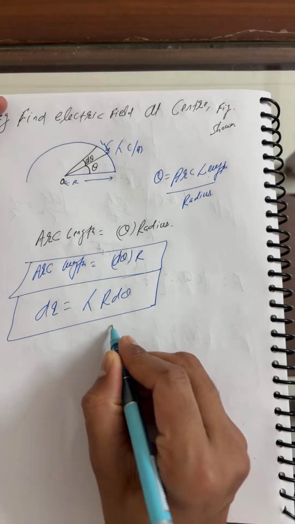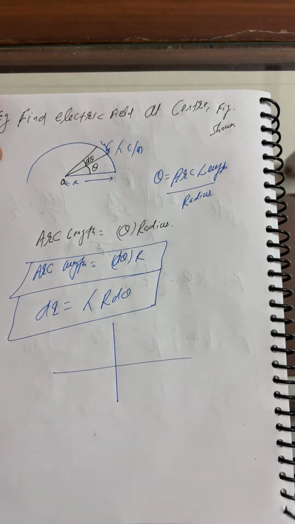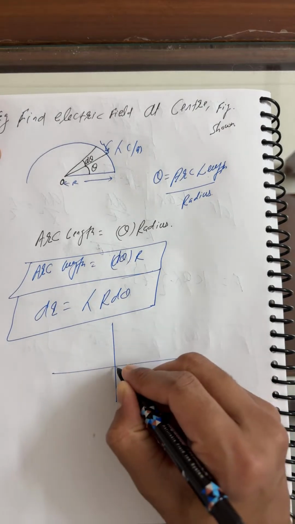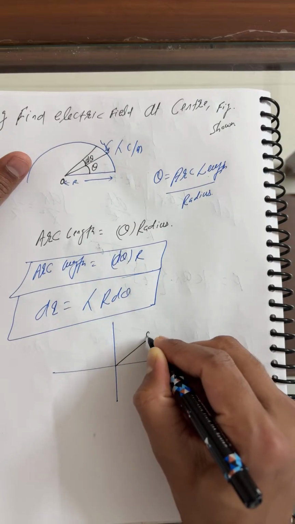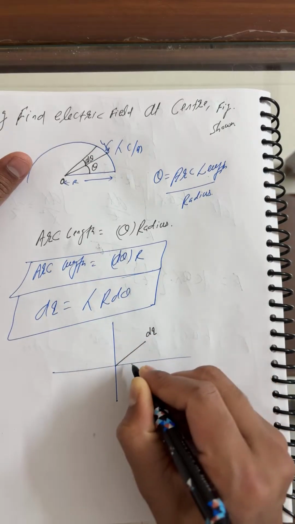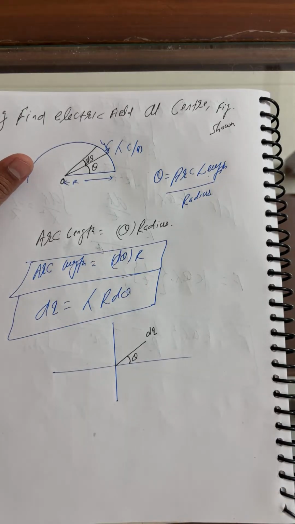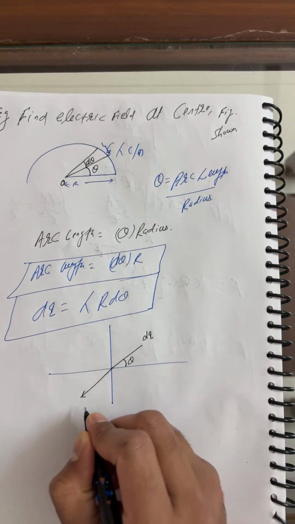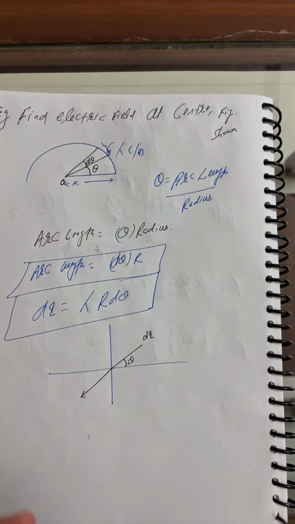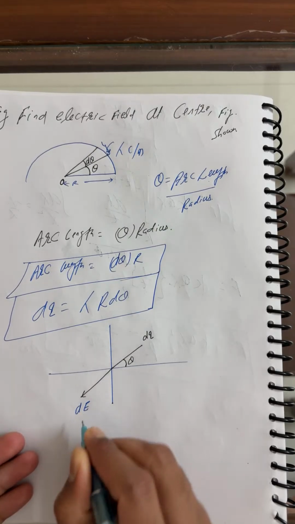I wanted to make one more diagram. This is dq, and this is theta. So due to this, you can write this is dE.